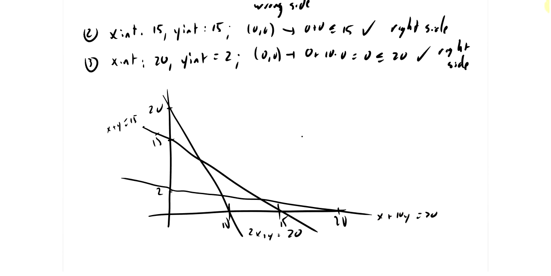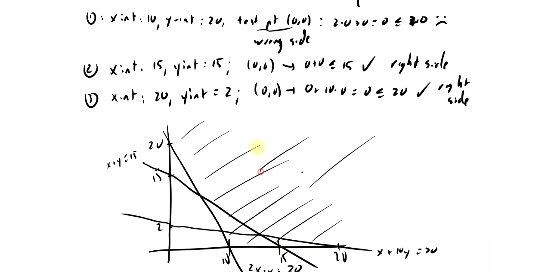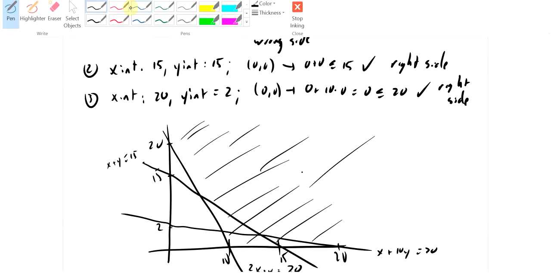And of course, which side do we want? For this line, we wanted the side that 0, 0 is not on, right? And so that means we want that side of this line. I suppose I should have done this in multiple colors. That would have been easier.